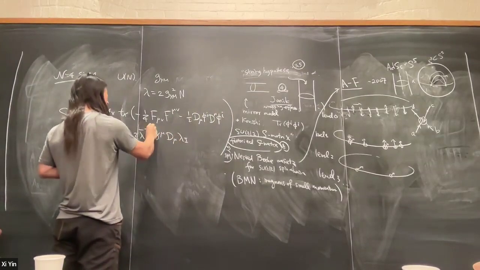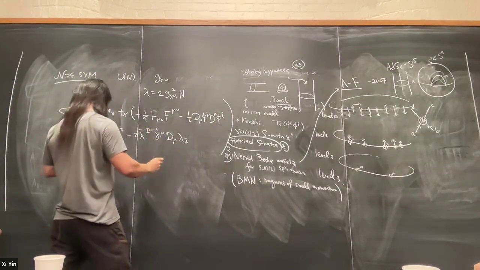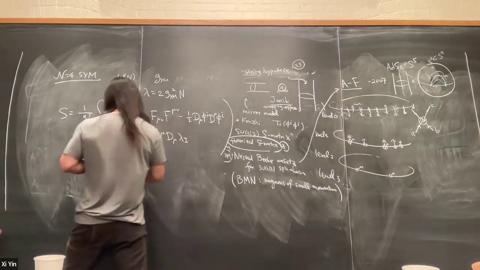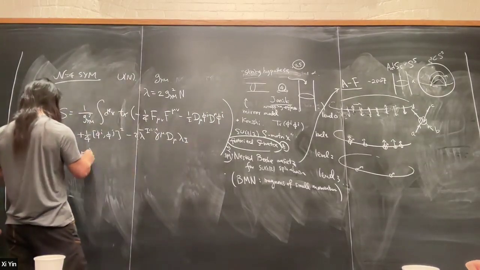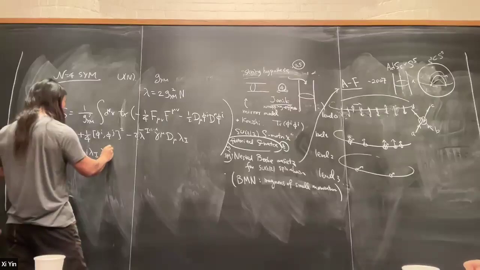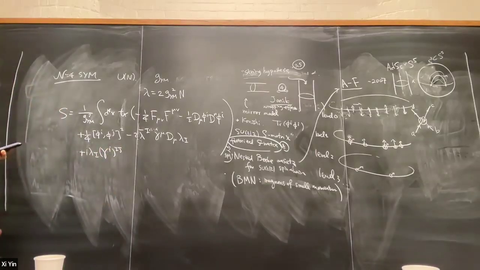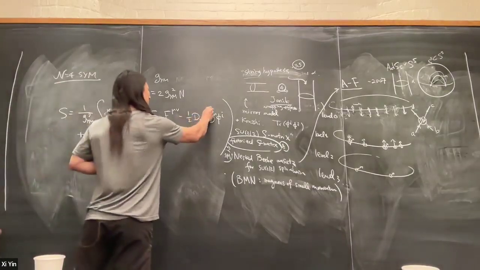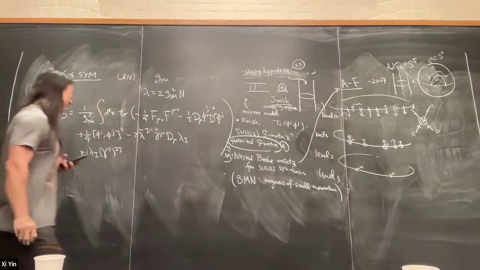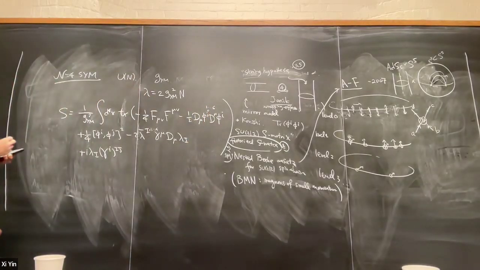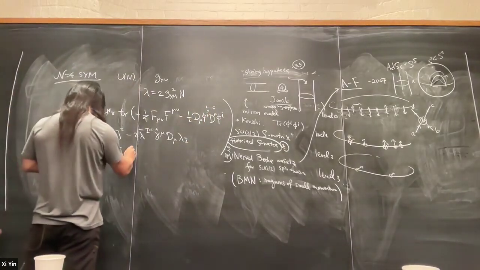This capital I runs from 1 to 4, plus i lambda gamma^I capital IJ. Whenever I write a little i, it runs from 1 to 6, and the capital IJ runs from 1 to 4. So anyway, let me finish writing this.